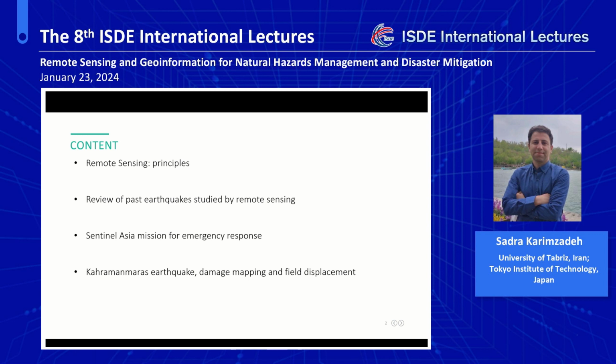Then I will talk about a review of past earthquakes studied by remote sensing, after that the Sentinel Asia mission for emergency response, and finally Kahramanmaraş earthquake damage mapping, and I will also show you some field displacement maps of the Kahramanmaraş earthquake.